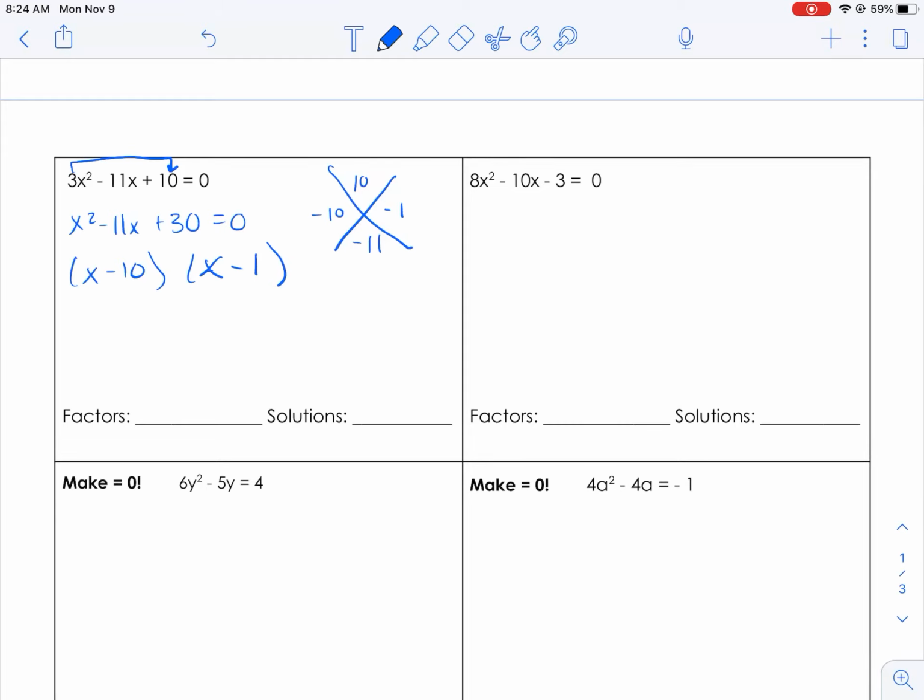And we multiplied by 3, so we're going to divide by 3 now. And these do not simplify nicely, so I'm going to just bring them both out in front of that x. So we've got 3x minus 10 and 3x minus 1. Those are our factors.